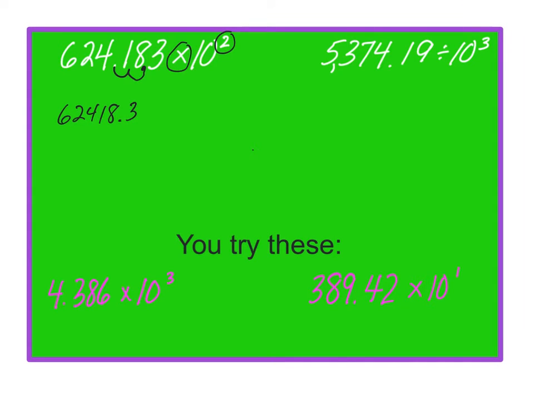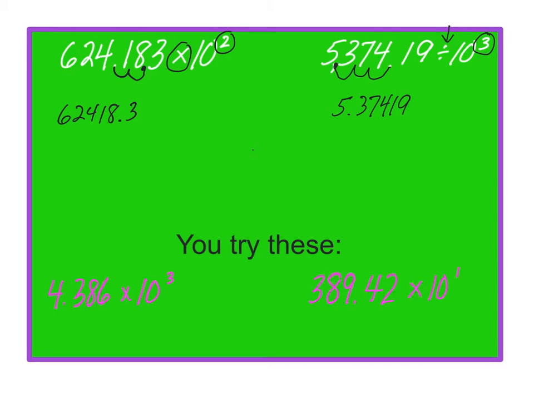Now we look over here, we have 5,374 and 19/100ths divided by 10 to the third. Now our key here, we have division. Division means we are now moving our decimal to the left. And how many places? 3. So we started our decimal, 1, 2, 3. So there's where it ends up. You can see here our answer is 37,419/100,000ths.